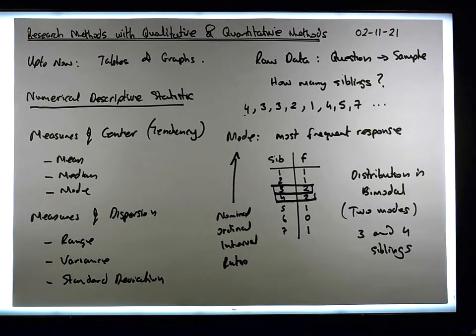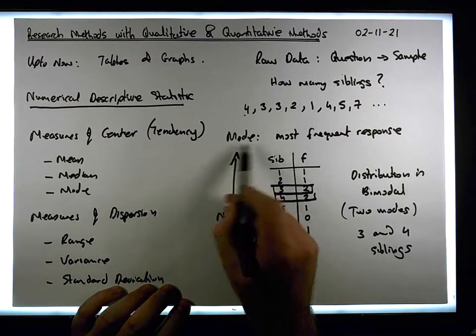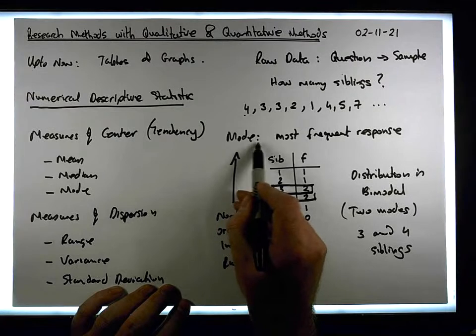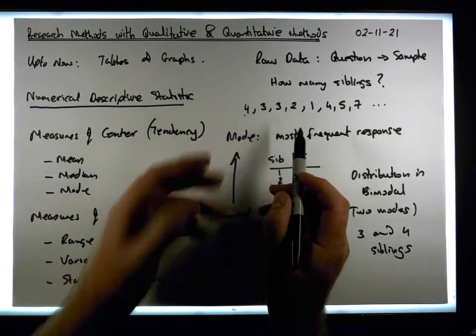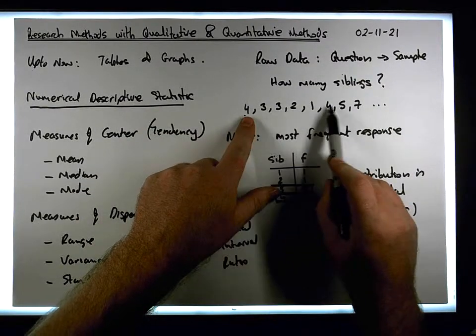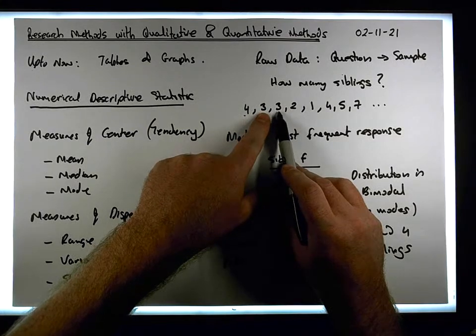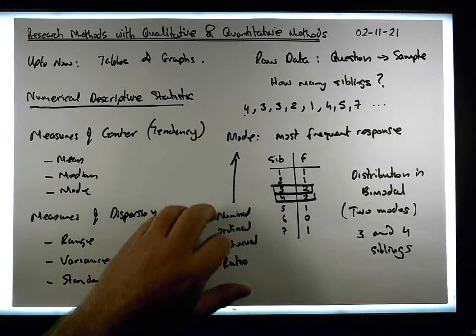So keep that in mind. It's a basic statistic, but it's important. It gives us an idea of where people are attracted to when it comes to the variable itself. In this case, there's a tendency for people to respond with a value of 3, indicating that they've got 3 siblings, or a value of 4.